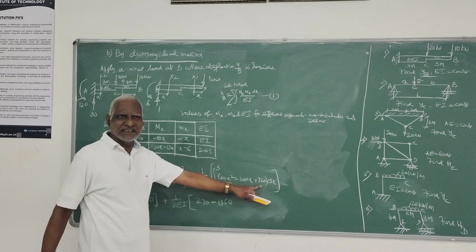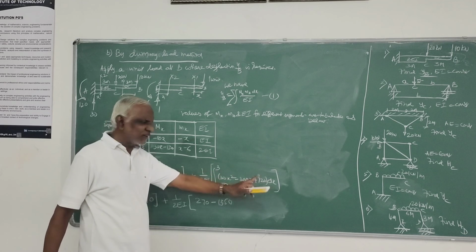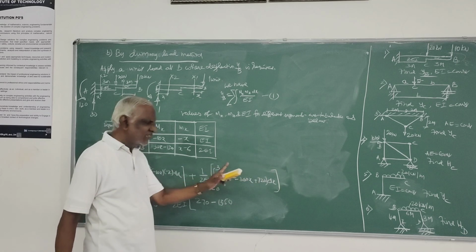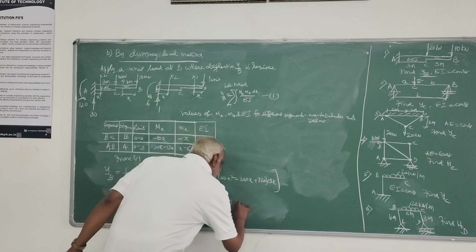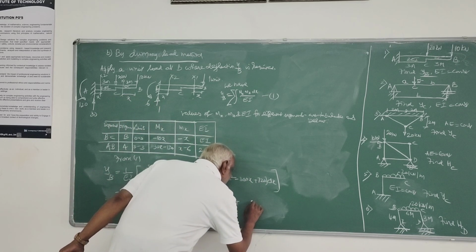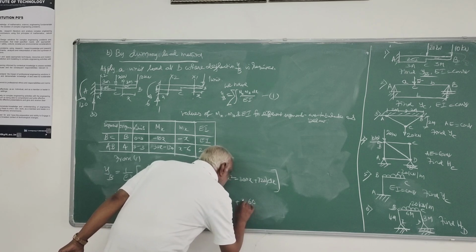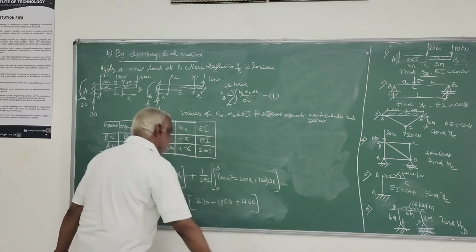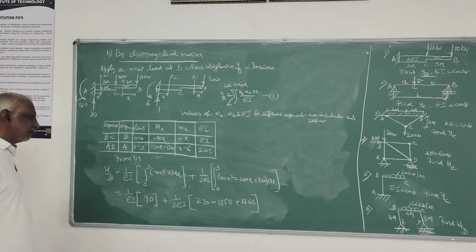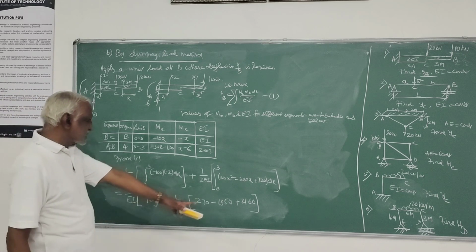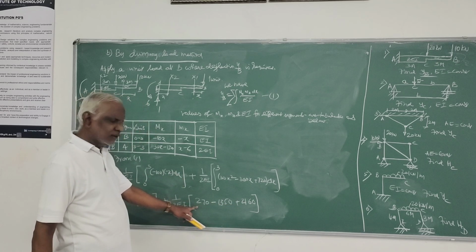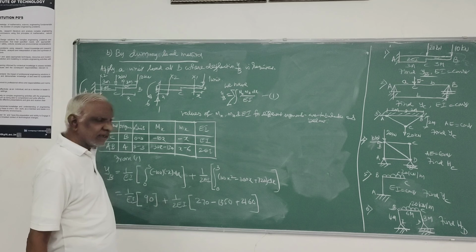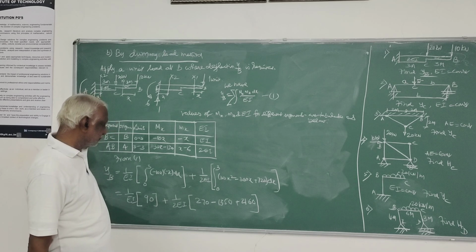Then integral 720 dx, 720x, upper limit if I substitute, 720 into 3, that is 2160. You can simplify this and evaluate. This is 2160 minus 1350 plus 270, divided by 2.